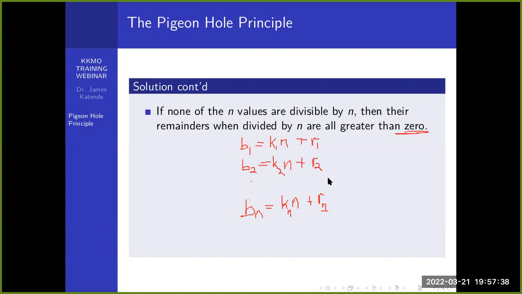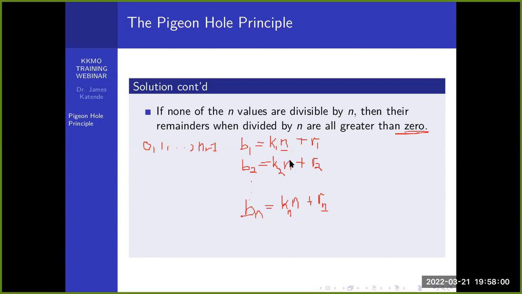But what are the possible values for these numbers? They are non-zero remainders obtained by division by n. Now, the possible remainders when you divide by n would be 0, 1, all the way up to n minus 1. If you start from 0, there are n possible remainders.